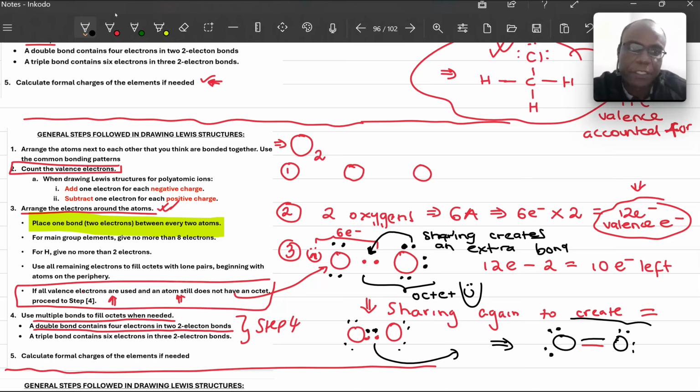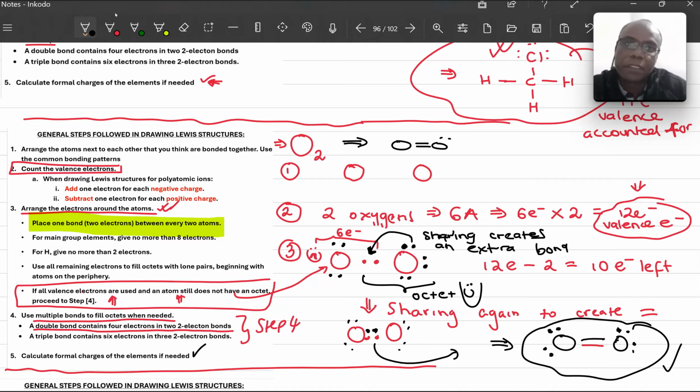Okay, so this will be your final Lewis structure. The formal charges are expected to be 0. Okay, we'll talk about formal charges later if needed. It's expected to be 0. So that's how you get the Lewis structure of oxygen, which will be that, which is what we are looking for.